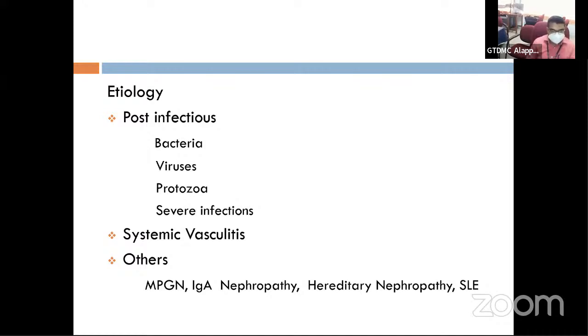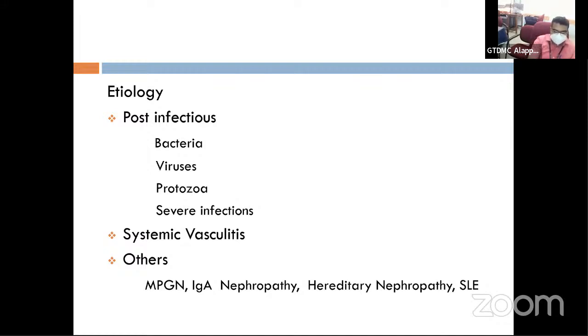Other conditions like membranoproliferative glomerulonephritis (MPGN), IgA nephropathy, hereditary nephropathy, SLE, etc., can also cause acute glomerulonephritis presenting with nephritic syndrome. So these are the differential diagnoses of a child or person presenting with nephritic syndrome.